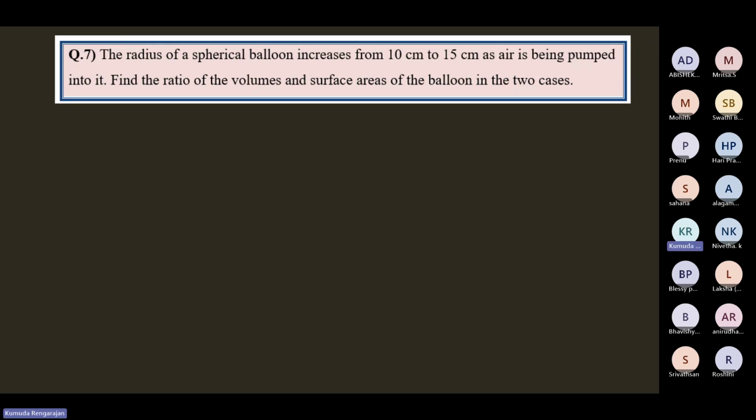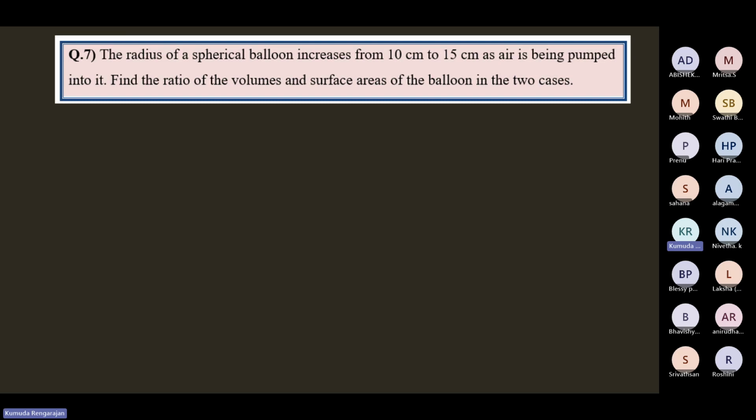The radius is actually 10 centimeters. Now, since more air is being pumped into it, the radius increases to 15. Find the ratio of the volumes and surface areas of the balloons in the two cases. Find the ratio. You don't have to find the volume separately.